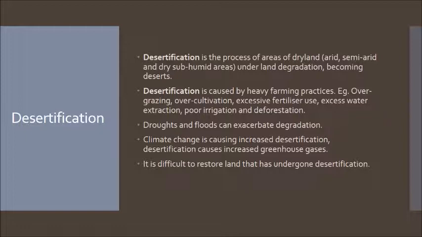We're going to look in a second at the lengths that some countries go to try and mitigate desertification, or the process of their land turning into desert. So you can have a look at this YouTube video here, which really looks into that in China, which is facing a huge issue with desertification. And the way that they're attempting to stop that is by building a Great Green Wall.